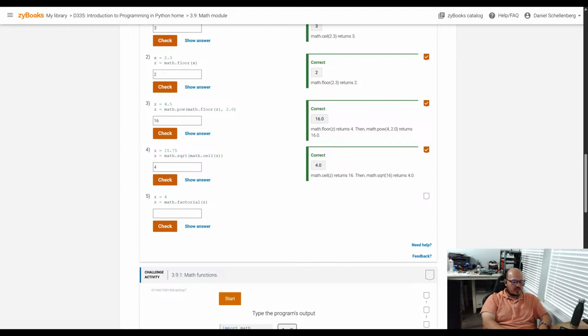I'm going to research this like we did before, so we can understand how it's working. What I want to see is how the factorial function works, because if we know how it's working, then we'll know what it's doing when it takes in a variable.